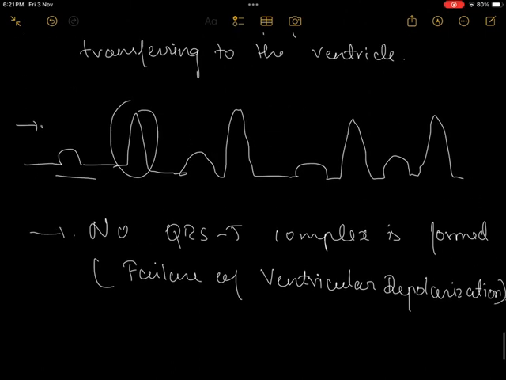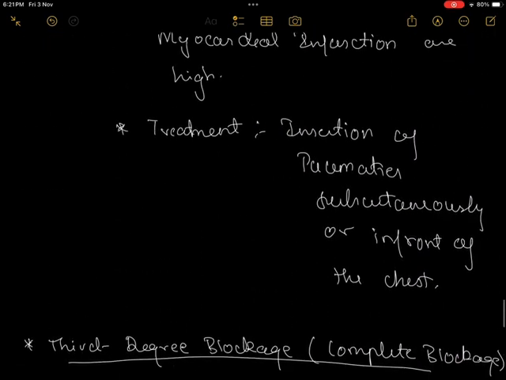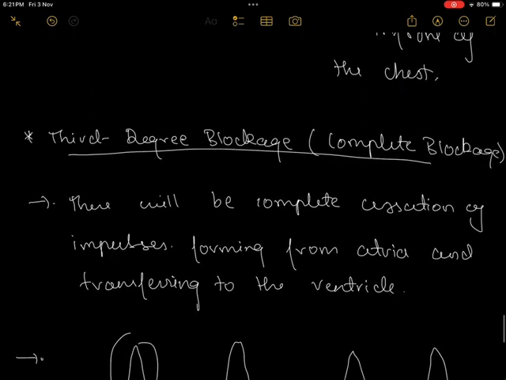That's all. We have covered the types of blockages and the aspects and considerations to be taken when classifying AV node blockage or junctional blockage.